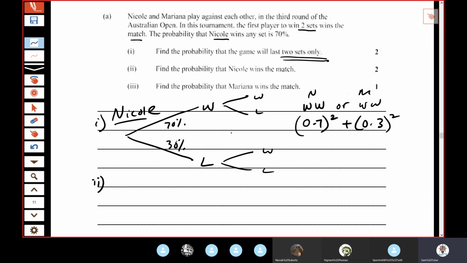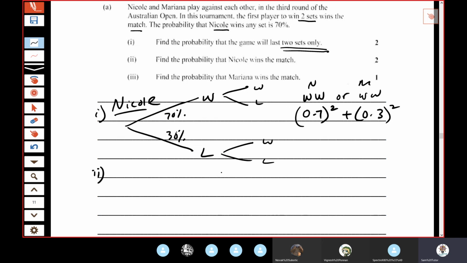Double I. Find the probability that Nicole wins the match. Okay, how would that work for Nicole to win the match? So obviously we know it's win-win plus what? Novak, I think you're into tennis, so tell me. Win-win or no?